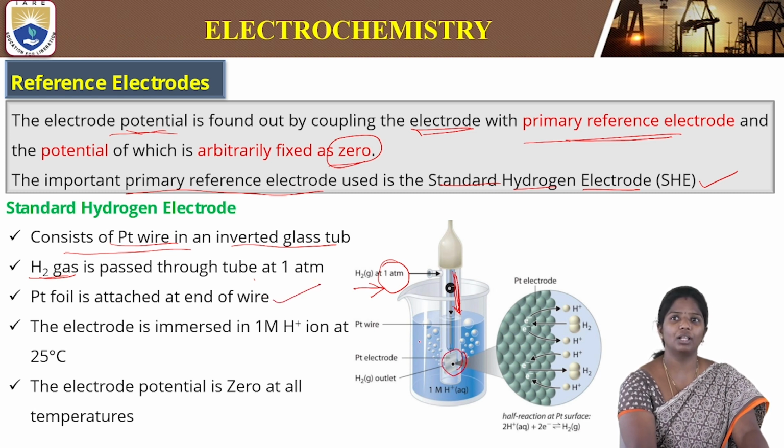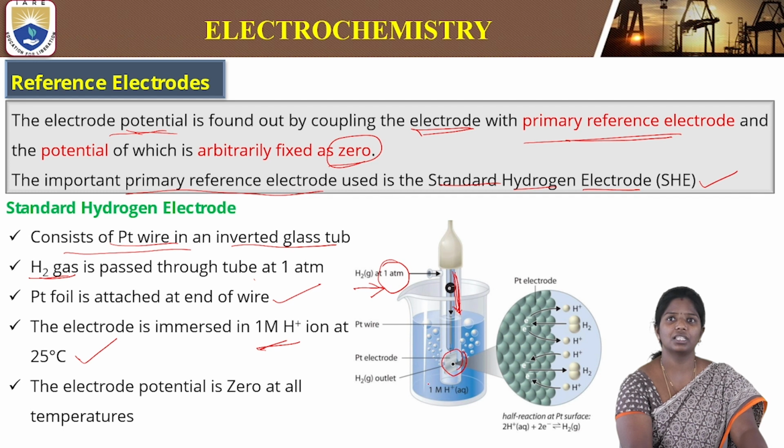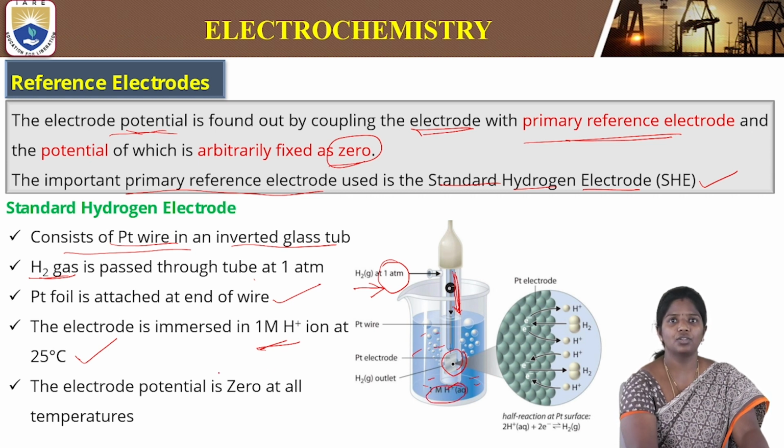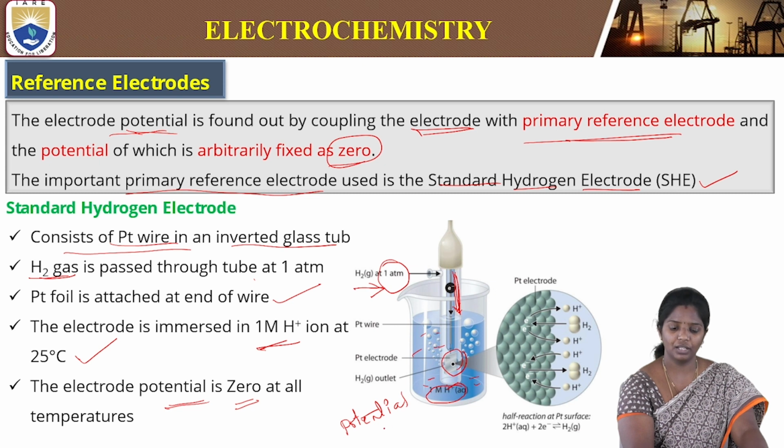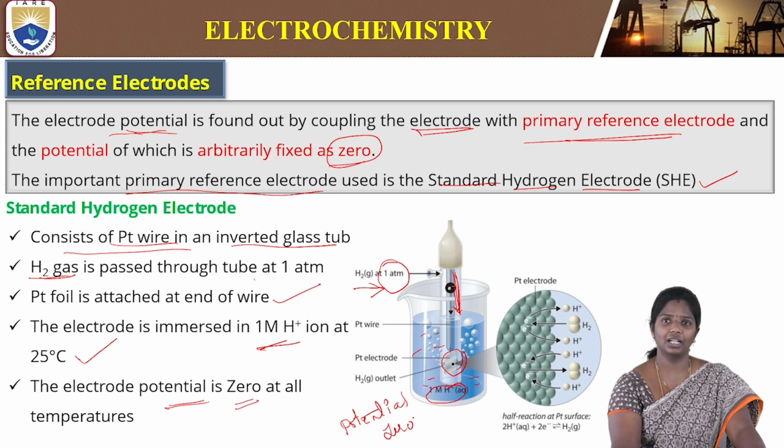This electrode is dipped in 1 molar H+ ions, like an acid, at 25 degrees centigrade. The potential of this electrode is 0 at all temperatures. The potential is always 0, which is fixed. So this will help in finding the potential of another electrode.